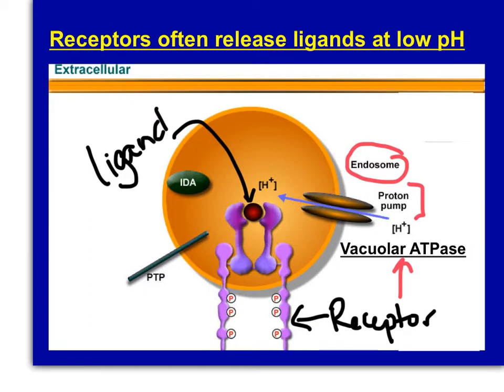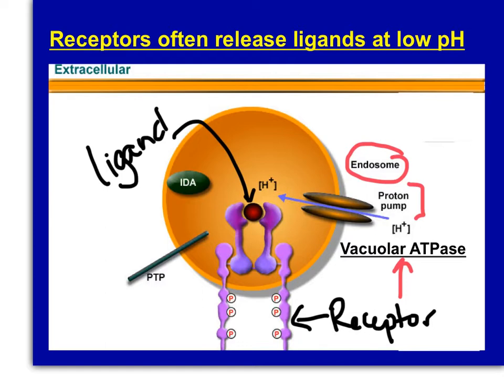At the cell surface, the ligand bound to the receptor, causing a conformational change to that receptor. That conformational change in the receptor resulted in this particular receptor being placed into a clathrin-coated pit, which eventually budded off from the plasma membrane and was then sent along to the endocytic compartments.